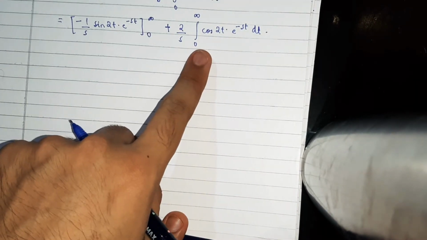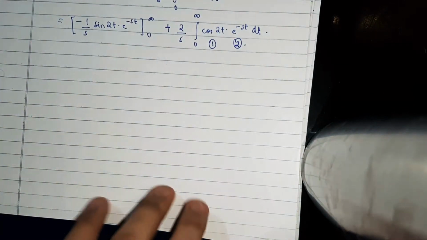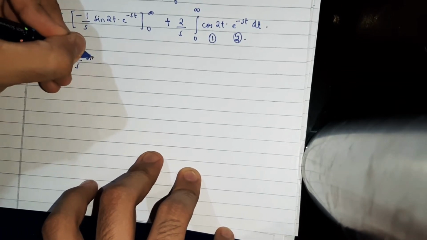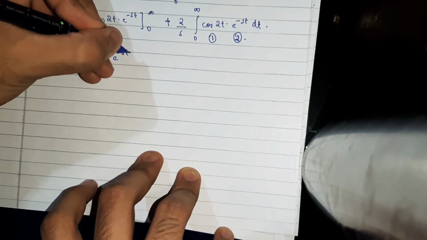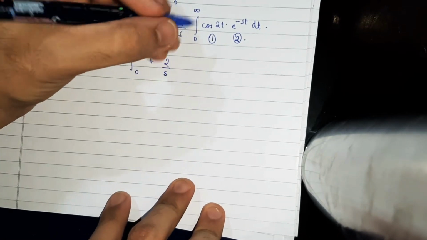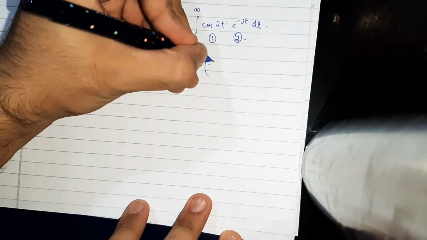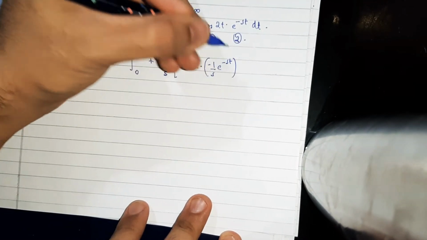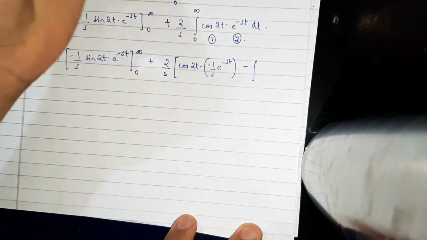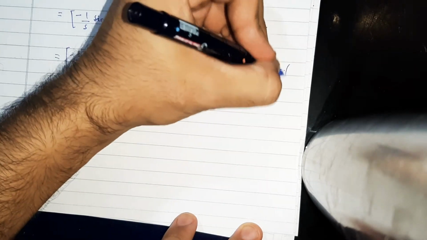Now this integral again is an example of integration by parts. This will be the first function, this will be the second. Solving further, we'll get minus 1 upon s sine 2t times e to the power minus st within the limits 0 to infinity plus 2 over s, first function into integration of the second function, minus integration of derivative of first function times the integration of the second.